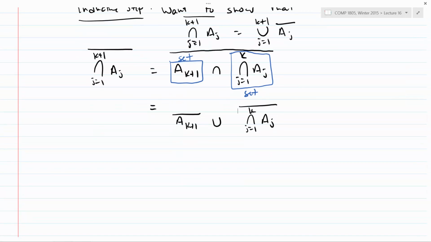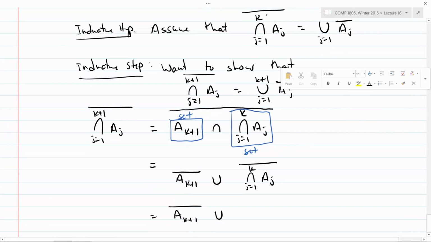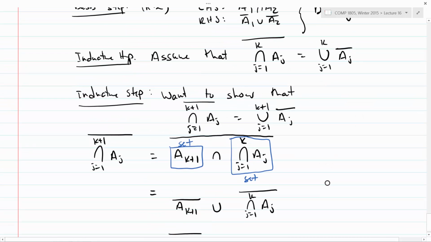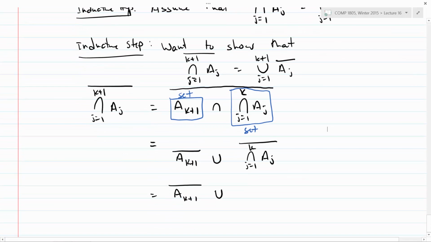All right, so now I know something about this set, because of my inductive hypothesis. I know that the intersection from j equals 1 to k of aj, all complemented, is equal to the union from j equals 1 to k of aj complement.